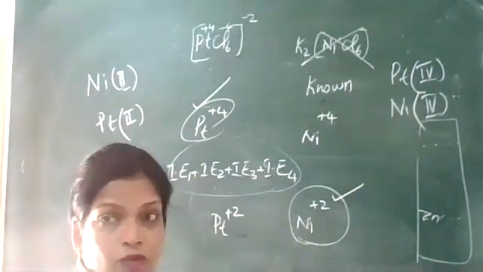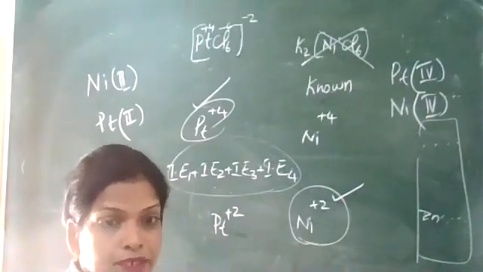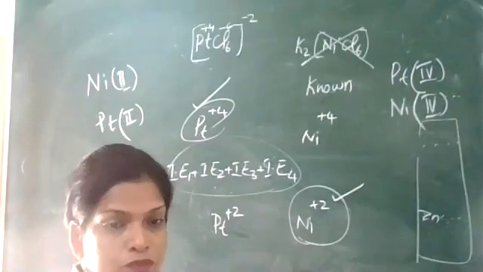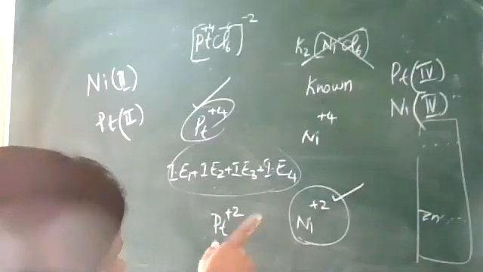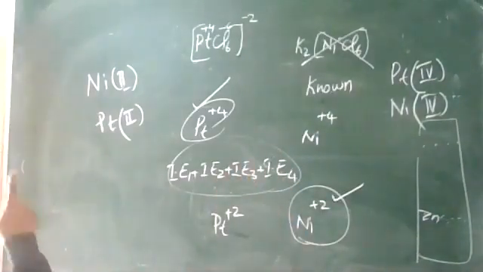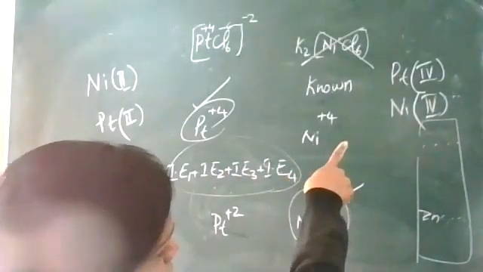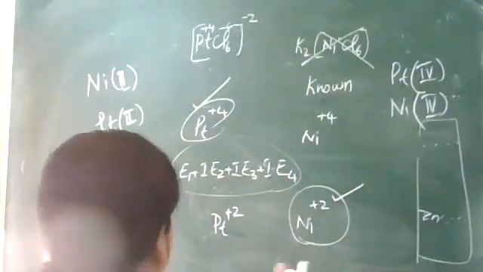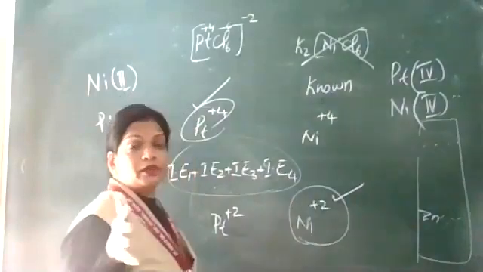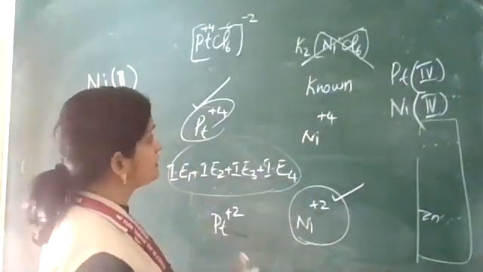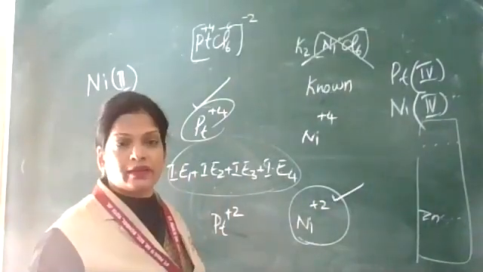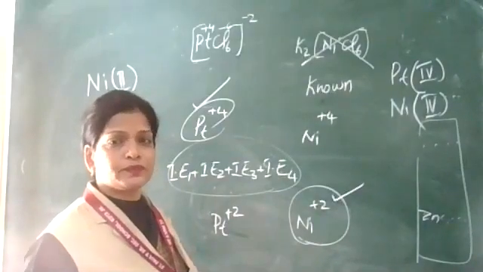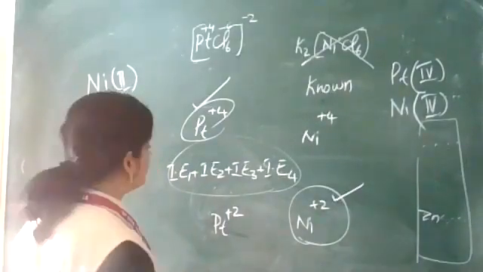If we have to give a less amount of energy, that is easily possible. So here, nickel plus 4, Pt plus 4; and here, nickel plus 2, Pt plus 2. Pt plus 4 is easily formed, but the nickel plus 4 compound is not known. See, K2PtCl6 is a well-known compound, but the corresponding nickel compound is not known. Not known means it does not exist, it is not at all stable.